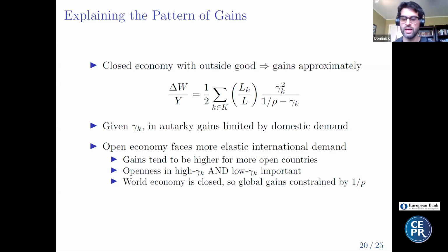You'll see this is pretty key, because one constraint on the size of the gains is that much of modern economies, up to 70–80% in the service sector, is relatively closed. So that limits your ability to reallocate resources towards the higher scale elasticity sectors.